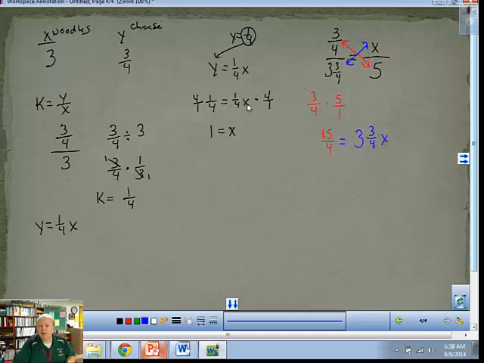Okay, look at what we did over here. What did we do to move it? Well, I would first write this as improper. So 4 times 3 is 12, plus 3 is 15.